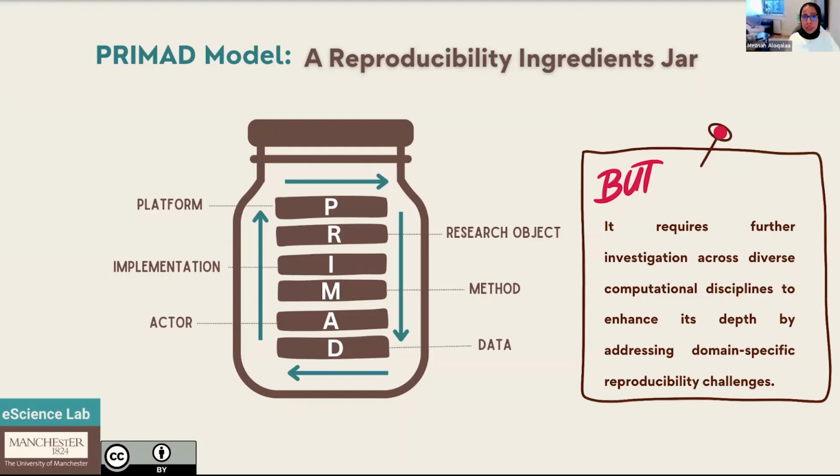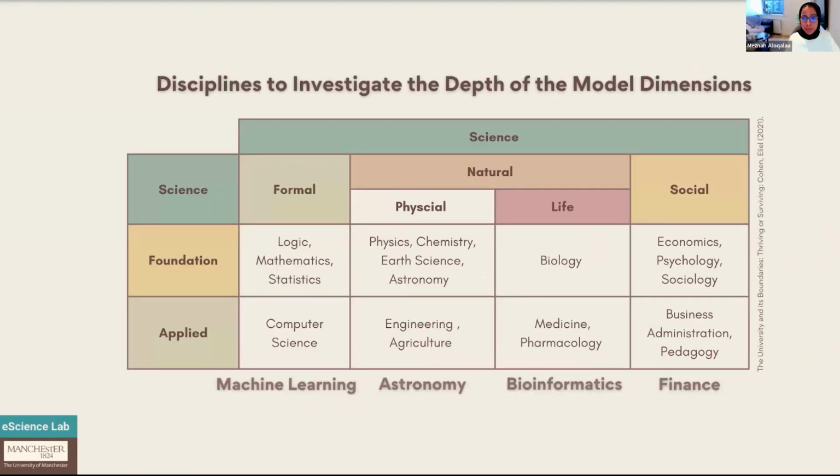And this was our next step. As you can see in this table, it identifies the main science disciplines as formal, physical, life, and social science. Our first step was examining the PRIMAD model within bioinformatics.